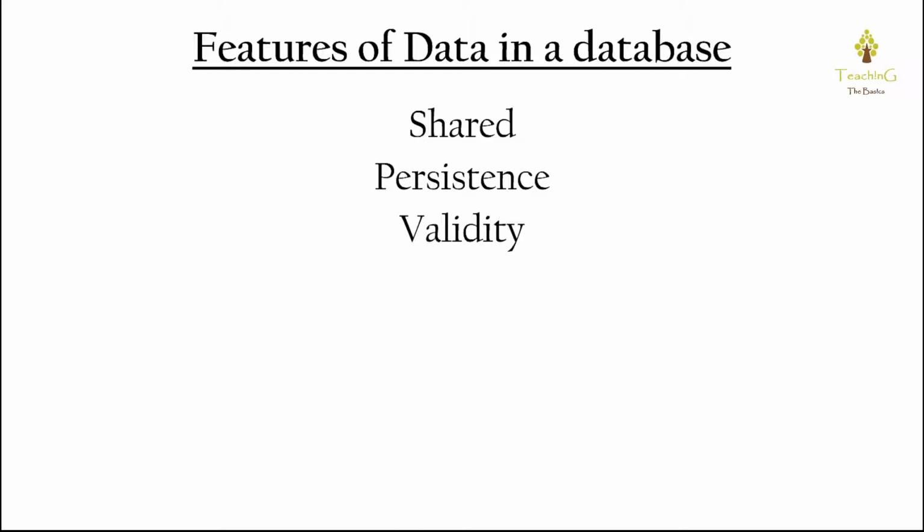But if you write John 123, then Smith, then it is not accepted, because we all know that a numeric value cannot be considered as a name. So this is how validity, information validation is checked by a database. The next part is security. It is pretty much self-explanatory. That is, a database provide security to the information that are stored inside the database.